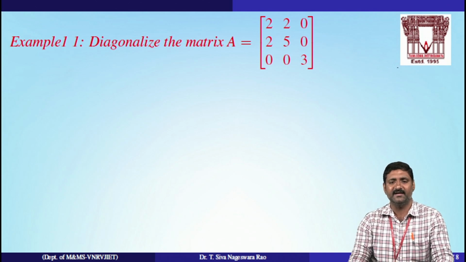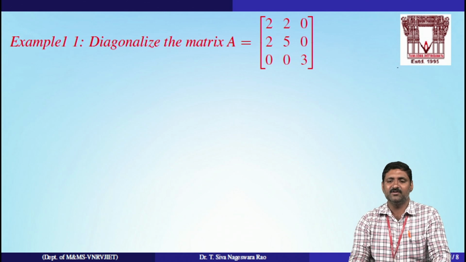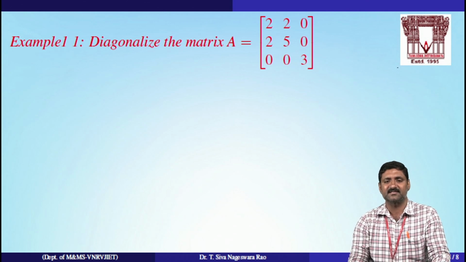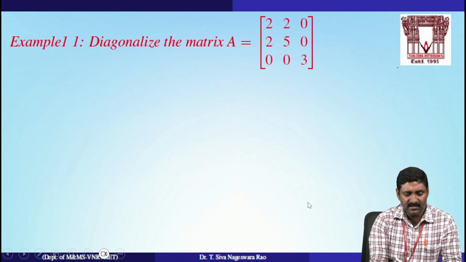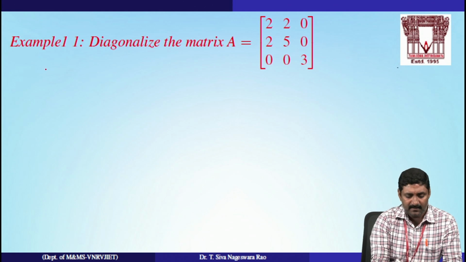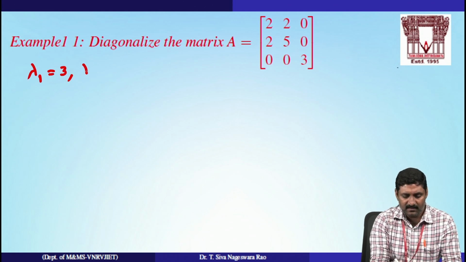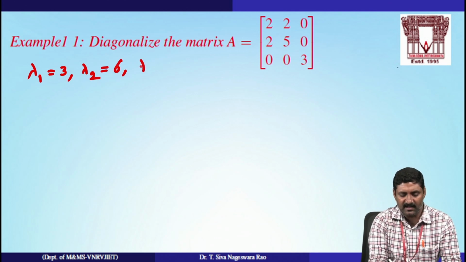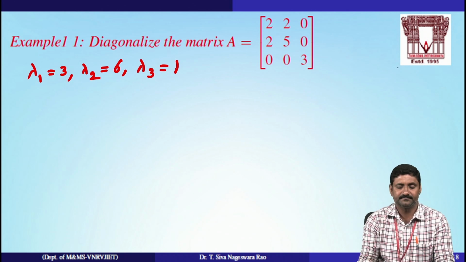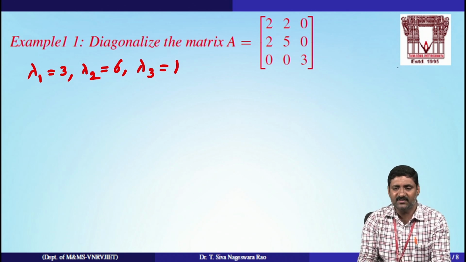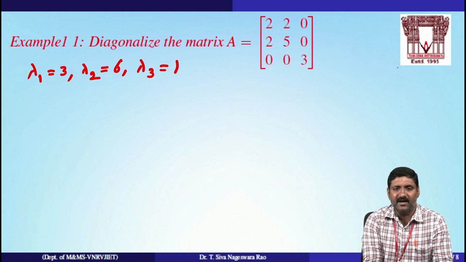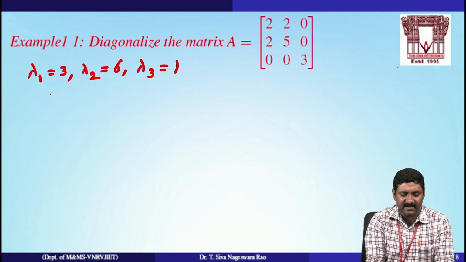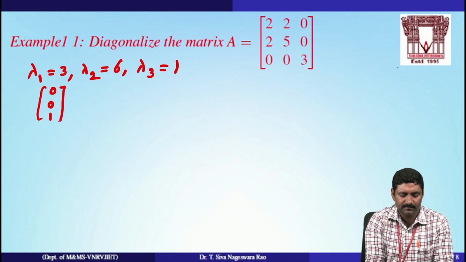Here I am going to write the eigenvalues we obtained for this matrix in the previous class. That is, the eigenvalues are lambda 1 is equal to 3, lambda 2 is equal to 6, lambda 3 is equal to 1. Corresponding to lambda 1 equal to 3, the eigenvector is 0, 0, 1.